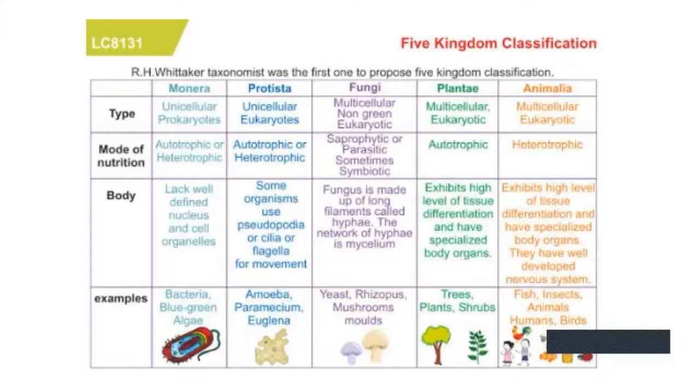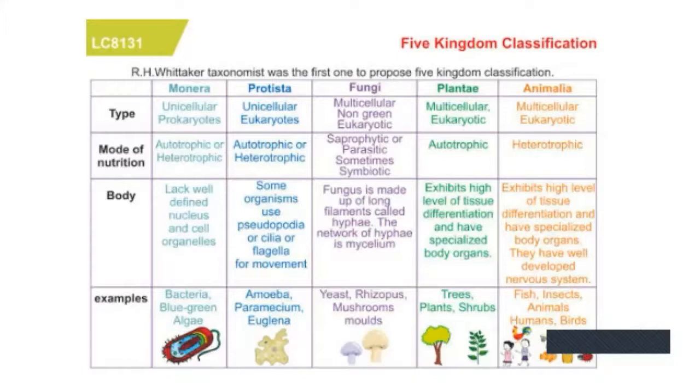Organisms without a nucleus in the cell are called prokaryotes, and those organisms having a nucleus in their cell are called eukaryotes. Organisms having a single cell are called unicellular, and those having more than one cell are known as multicellular.